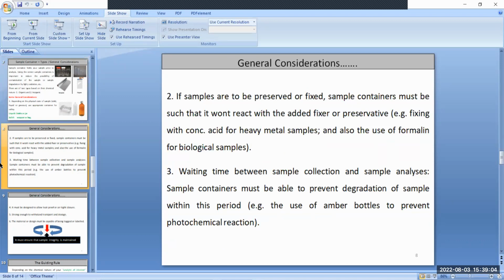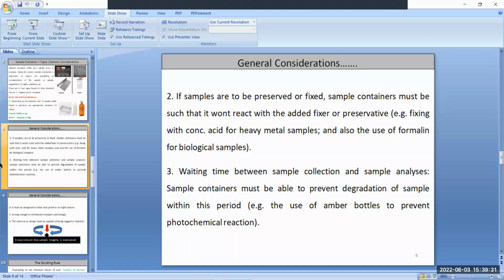If samples are to be preserved or fixed, sample containers must be such that they won't react with the added fixers or preservatives. For example, concentrated acid will be required for fixing heavy metal samples, and also the use of formalin for biological samples.